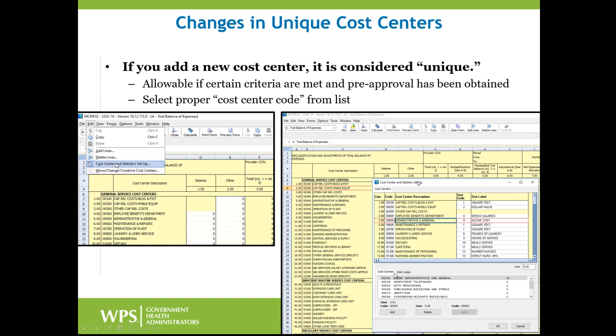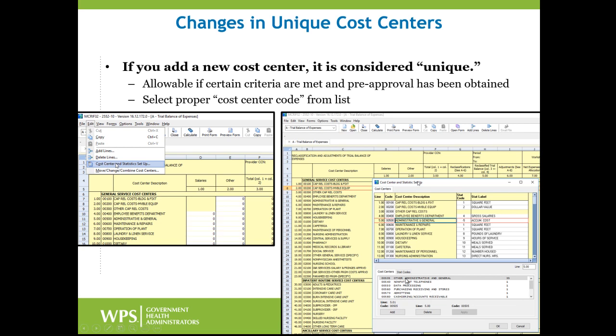The idea behind these cost center codes is to be able to tell CMS or anybody that's using this data what type, for example, of A&G this is. Is this A&G related to data processing, purchasing, receiving and stores, admitting, cashiering, accounts receivable? There's a pretty big list there.